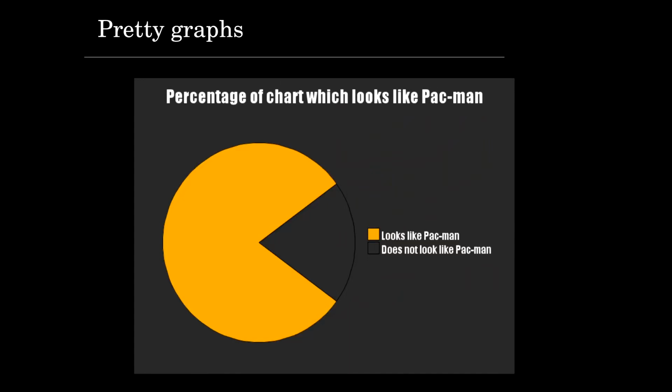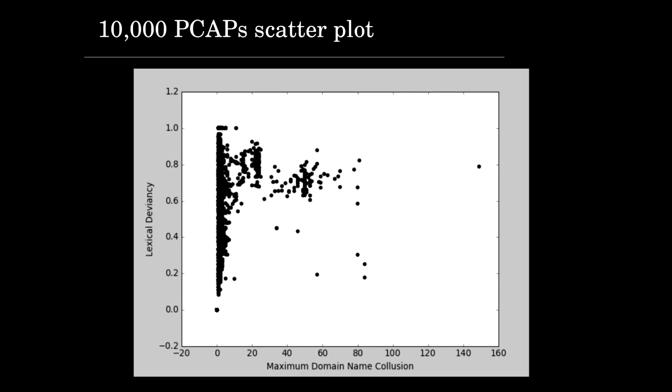We took 10,000 pickups out of Checkpoint's malware lab just to see how the data looks if we map it across the features that we have created. And these are your 10,000 pickups mapped across the closeness to concatenation of dictionary words and the maximum domain name collusions, the number of DNS requests that got the same response. Now, if the lump there to the upper right seems suspicious to you, then you're probably right.